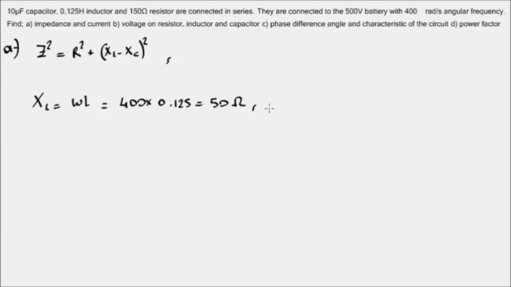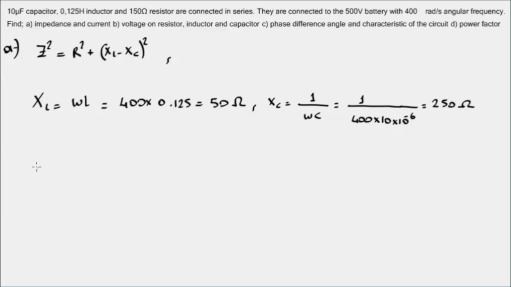And XC equals 1 over omega C, which means 1 over 400 times C, where C is 10 times 10 to the power of minus 6 farad, and it's going to be 250 ohm.